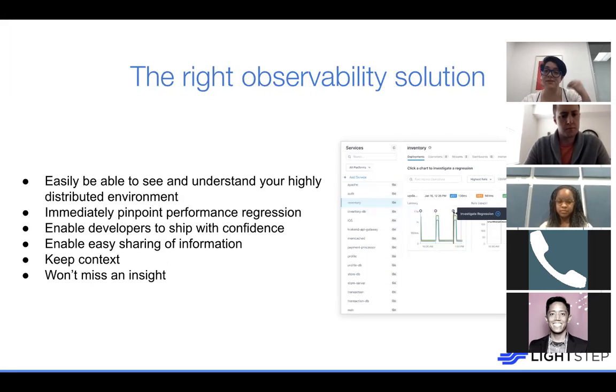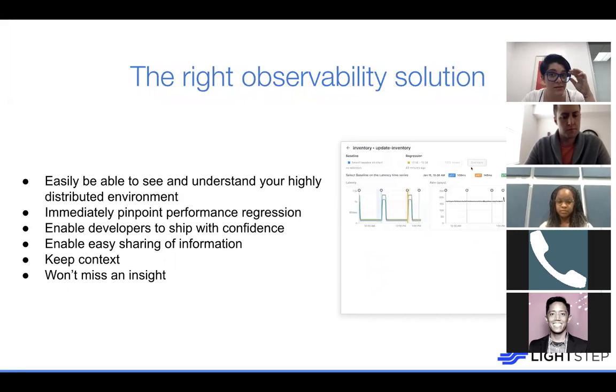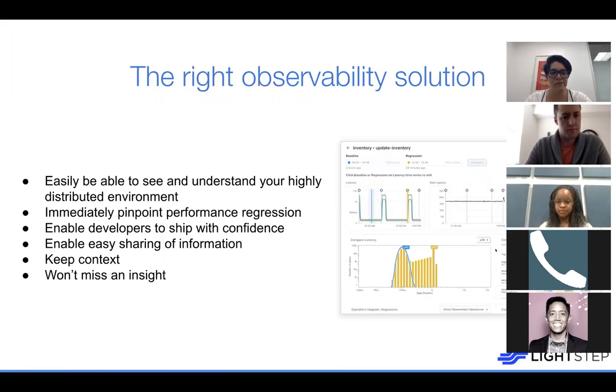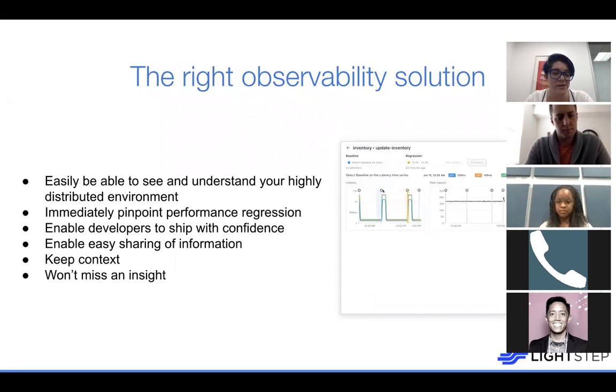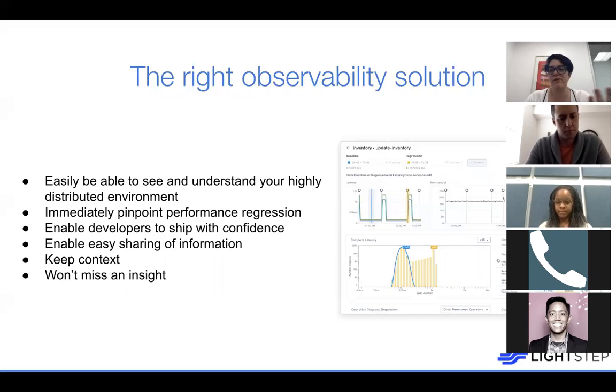You shouldn't have to be using that mental model of what you think it looks like. You should be able to go to an actual model of what it looks like. You should be able to immediately pinpoint performance regression. The minute something changes, you should know if you want to, and you probably want to. You want to be able to ship with confidence.